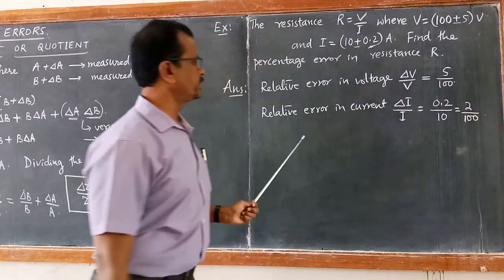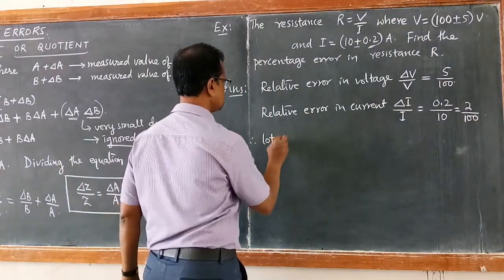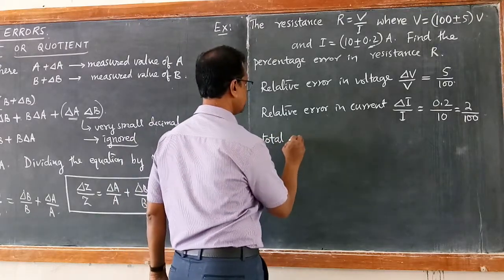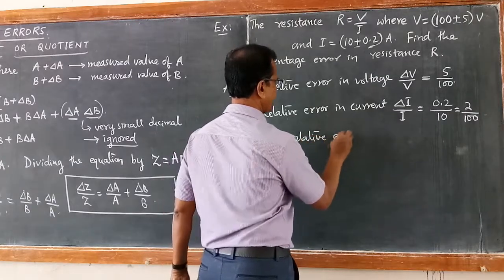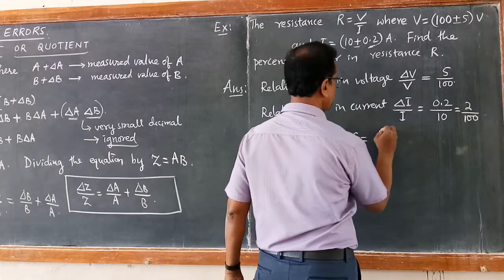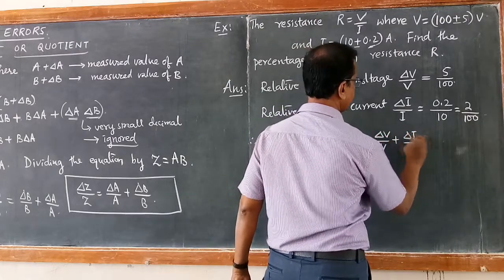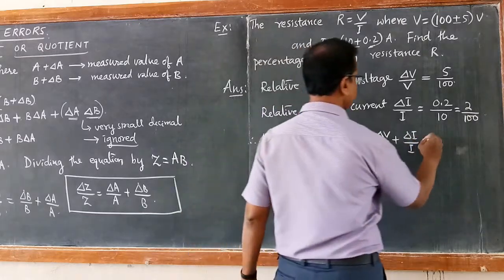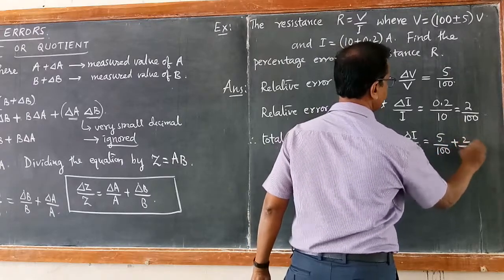So the total relative error is equal to delta V by V plus delta I by I, which becomes equal to 5 by 100 plus 2 by 100.